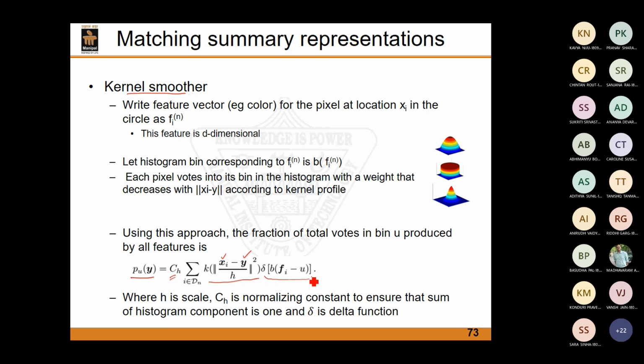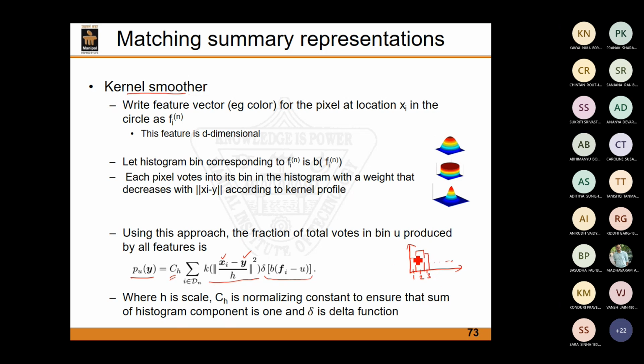And the second term you have is delta of b of f_i minus u. Now, what this does is it will take the count of the histogram only if the feature vector matches that of the bin number. What that means is, let's say you're assuming a particular histogram with different bins, and let's say this bin is 1, this bin is 2, here 3, and so on.